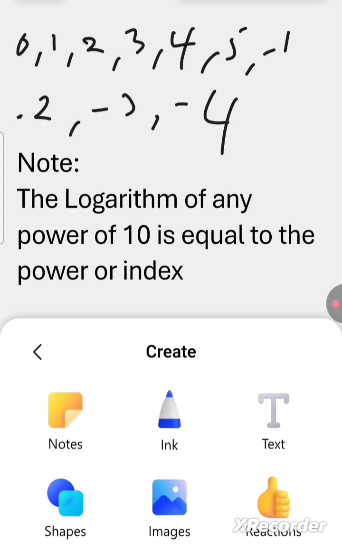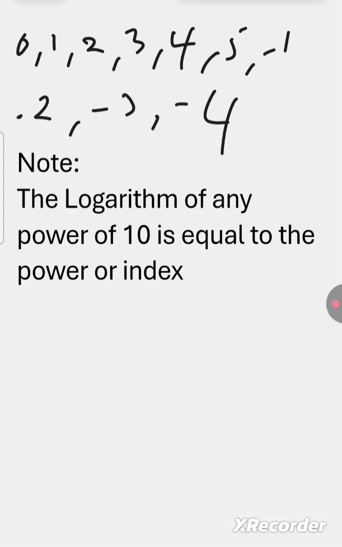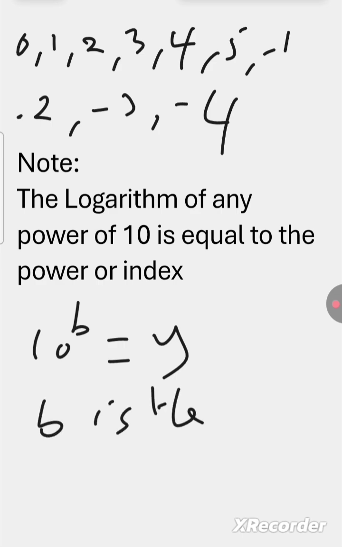In simple terms, what I mean here is, if for example you are given 10 power b equals y, then we say b is the logarithm.